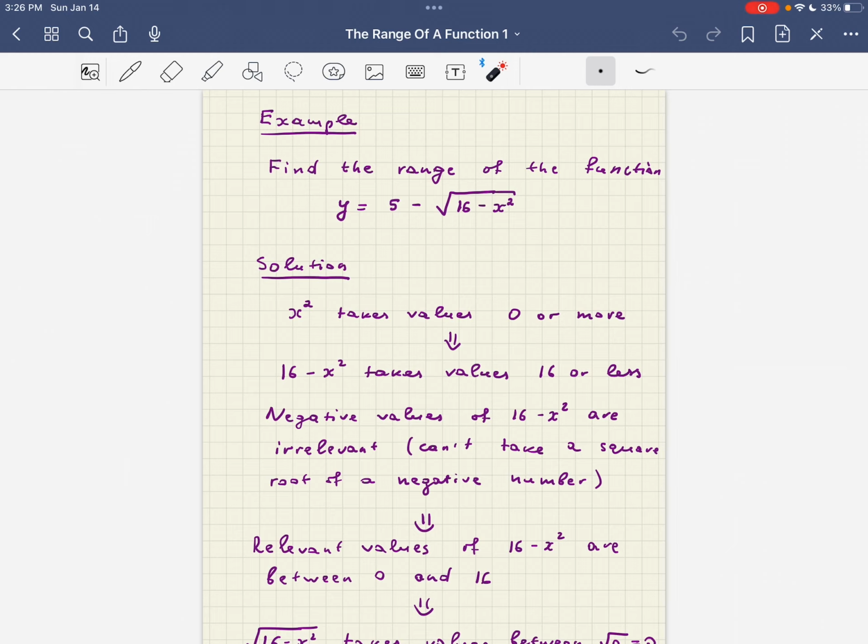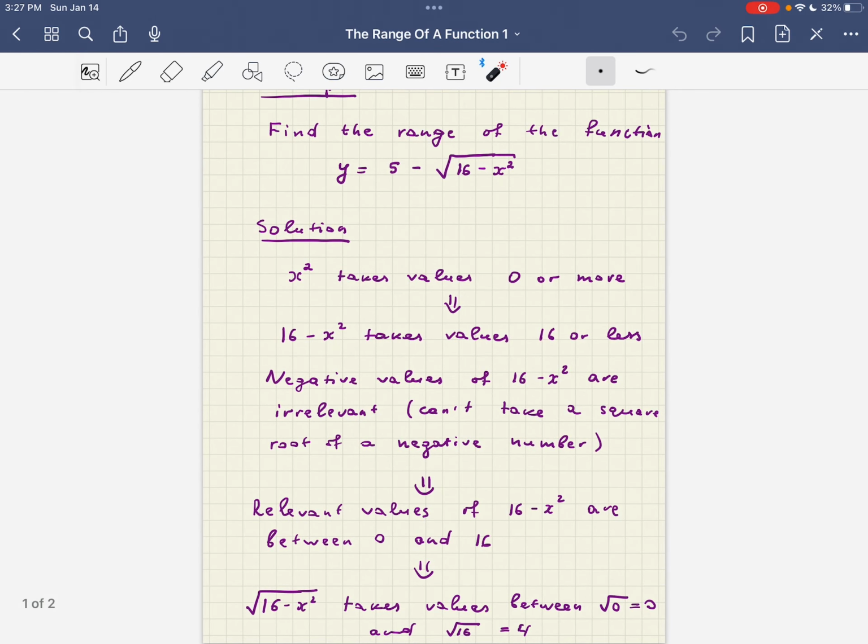So if 16 minus x squared happens to be negative, then we cannot proceed with calculating the square root, and therefore will not obtain a value for y. The function will not be defined for such values of x. Therefore, negative values of 16 minus x squared are irrelevant for our function here. The only relevant values are the ones between 0 and 16.